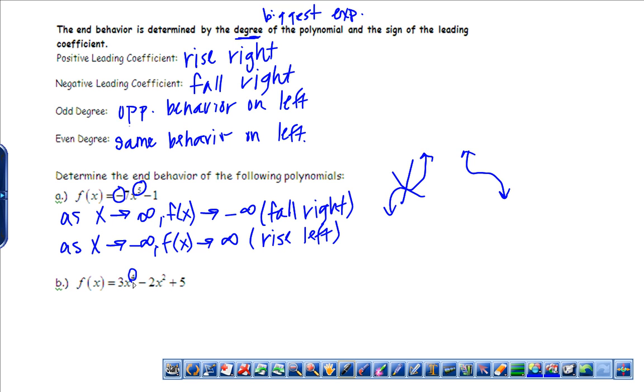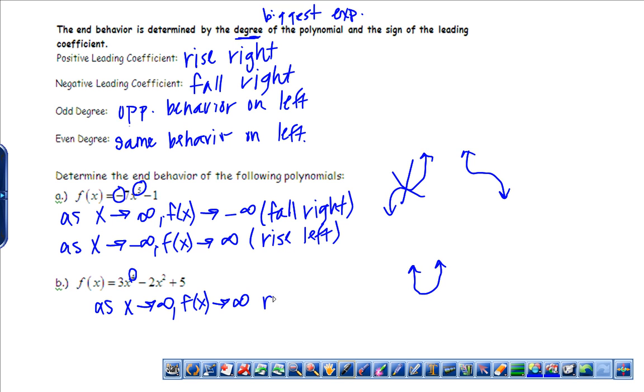Okay, this is an even, and I know any even is going to look just like a parabola. The humps in the middle are going to change. And so this is positive, so it's going to be up like a goalpost. So I'm going to say as x approaches infinity, my function approaches infinity.